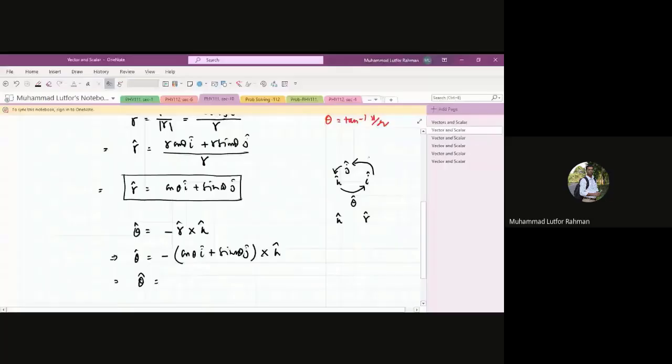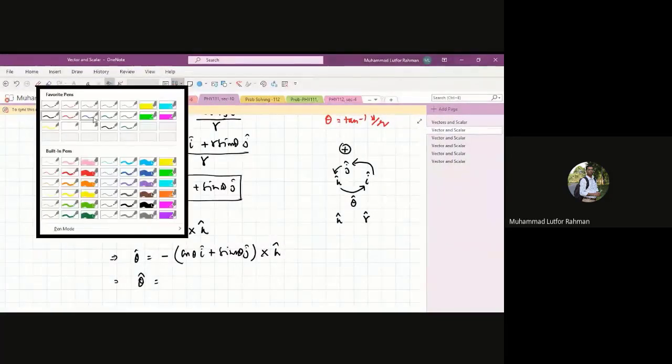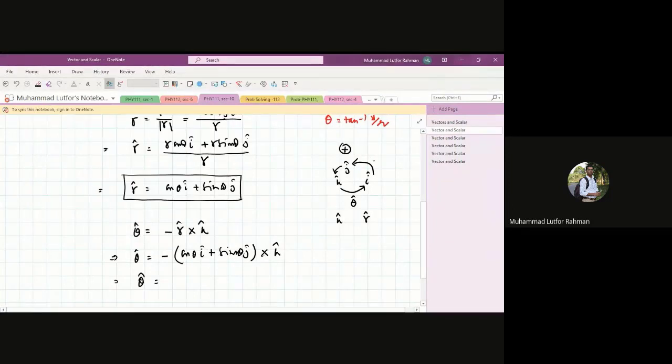But if I move in the clockwise direction, for the counterclockwise direction I find the plus, and if you move in the clockwise direction, you will find the product is negative. So if I write this down, I'm going to multiply this one, right?